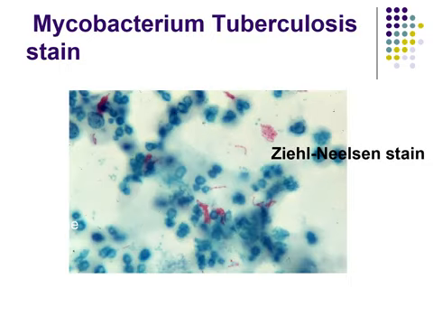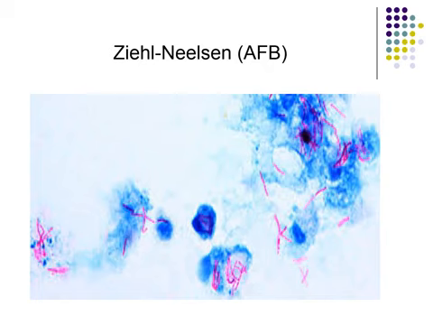This figure shows Mycobacterium tuberculosis by Ziehl-Neelsen stain. It is red, slightly curved or straight in shape. Also, this is Mycobacterium tuberculosis by Ziehl-Neelsen stain.